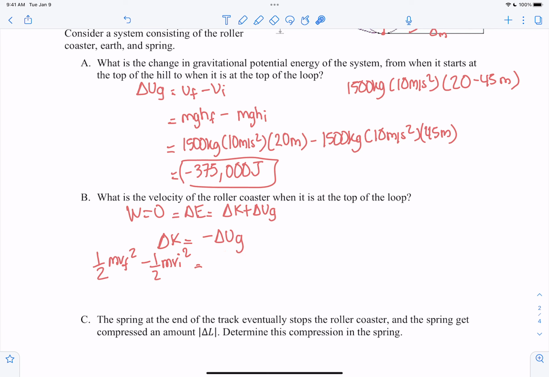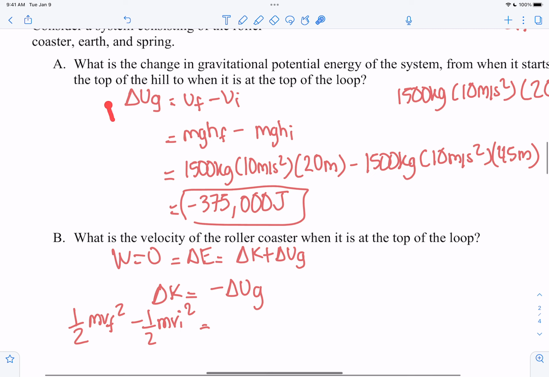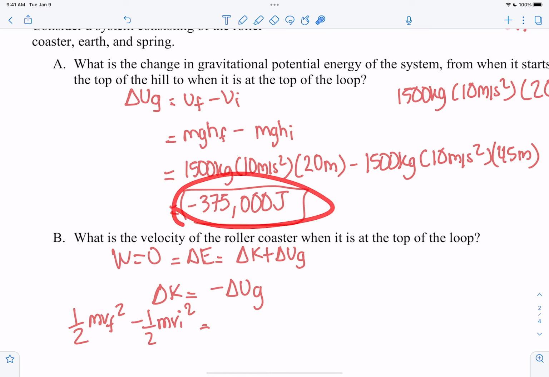The reason is the way that we're writing this, we're assuming that the change is positive in a sense. So we didn't add a direction.